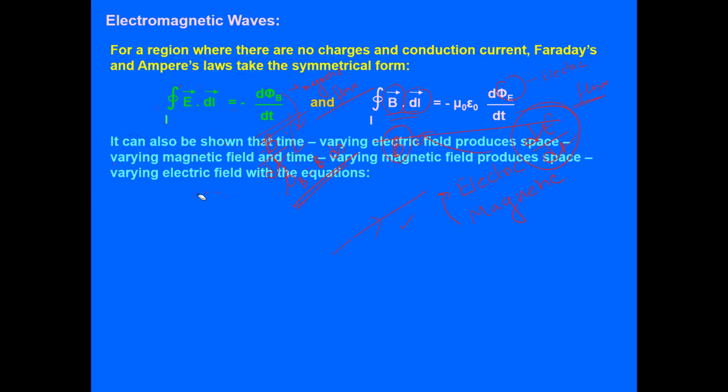From these two equations we can say that they are interrelated. So what is that? The varying electric field produces a space varying magnetic field, and the time varying magnetic field produces the space varying electric field. At different spaces there will be different electric fields when we vary the magnetic field with time.